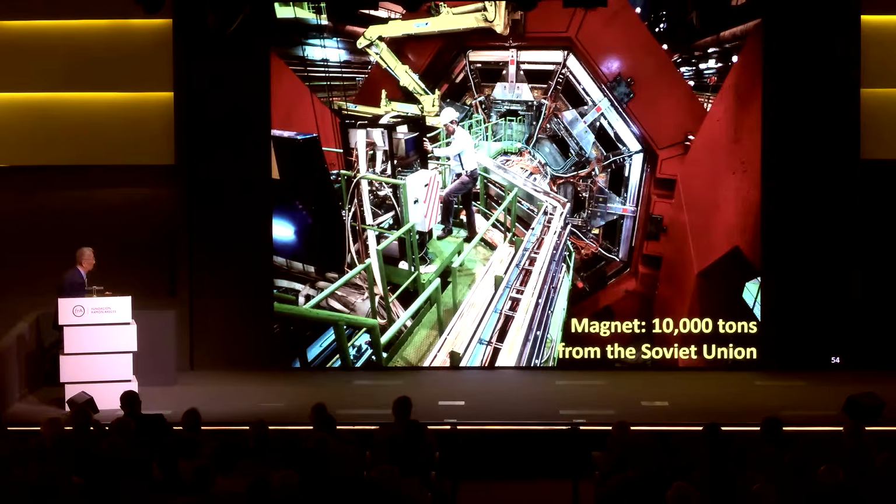So this experiment has a magnet, weighing 10,000 tons, slightly larger than this building, 6 stories high, which came from the Soviet Union. This was the largest overseas collaboration from the Soviet Union.